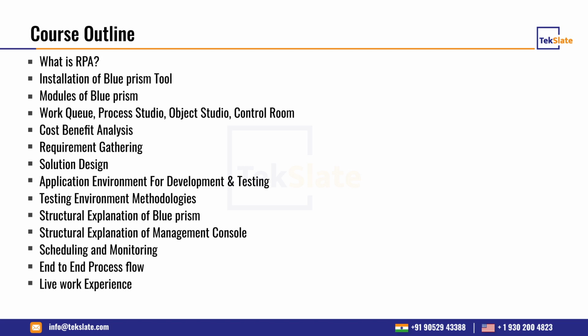Next is the structural explanation of Blue Prism and the management console. I have already explained each module, and we will look in depth at what options are available, which ones we use frequently, and the most usable things like environment variables, the credential manager, how to use session variables, what data types are available, and startup and end parameters.